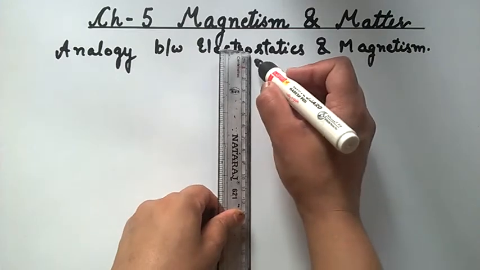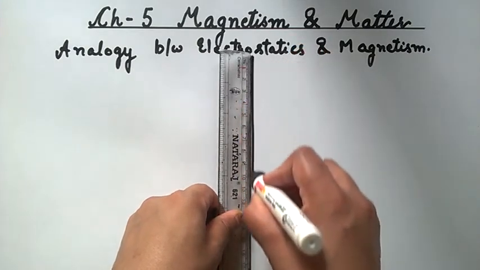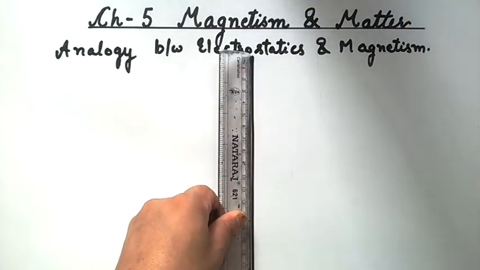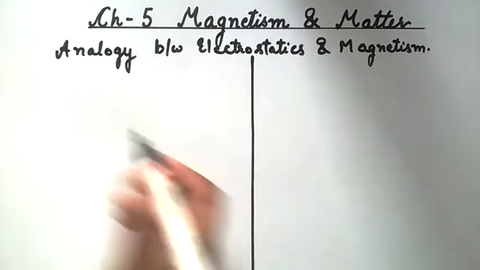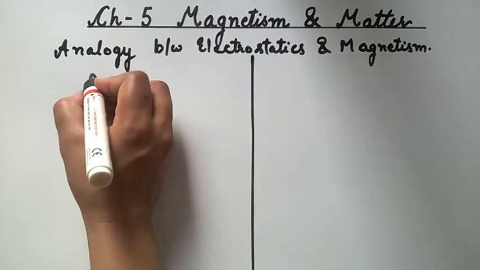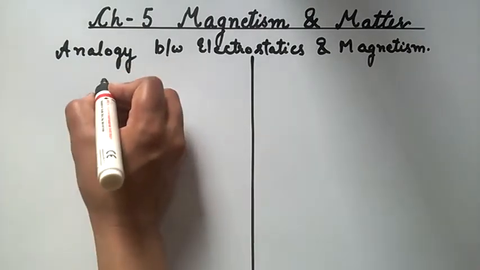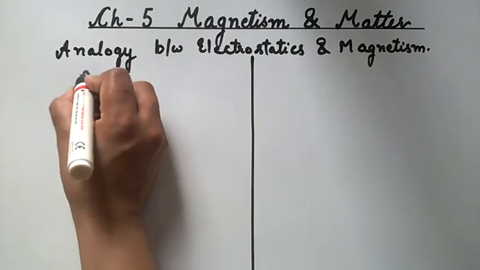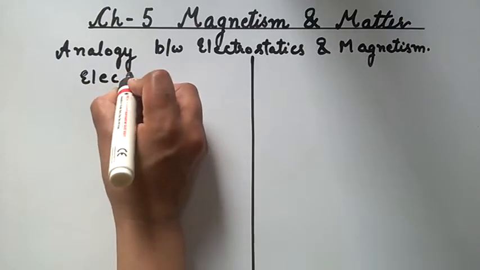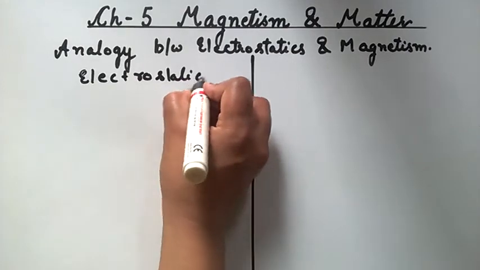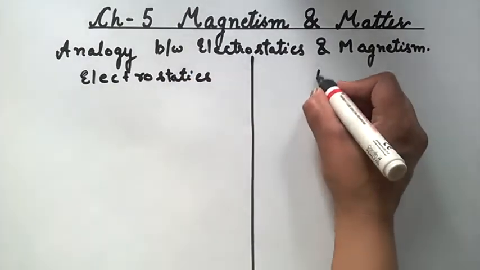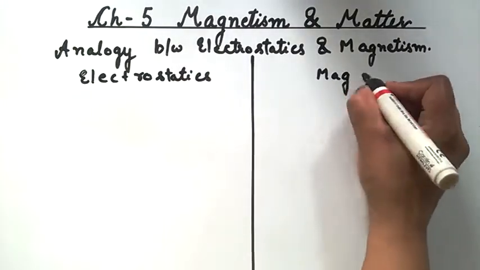We can compare their dipoles, that is electric dipole in electric field and magnetic dipole in magnetic field. Electrostatics, magnetostatics.